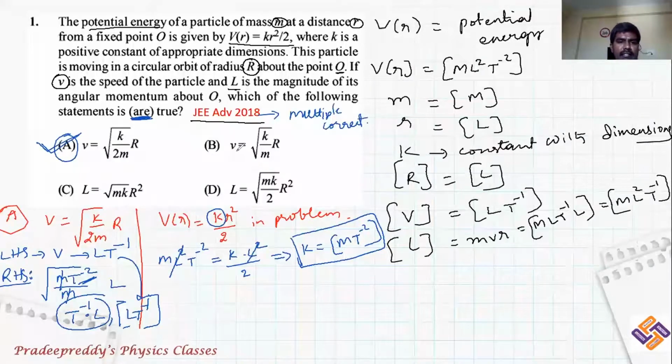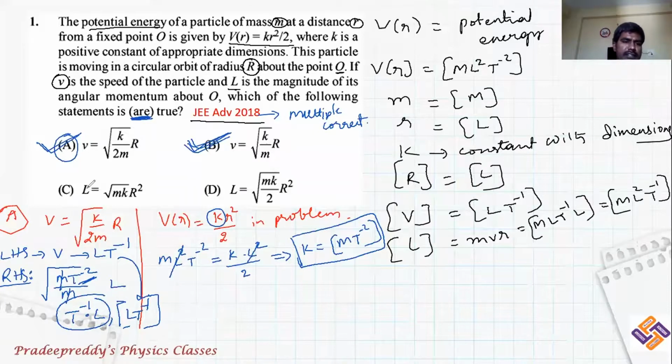So first one is correct, second one is also correct, but the difference between A and B is that in the second equation you do not have 2. In the first equation there is 2 in the denominator. 2 has nothing to do with dimensional analysis. So equation A is correct and equation B is also correct.